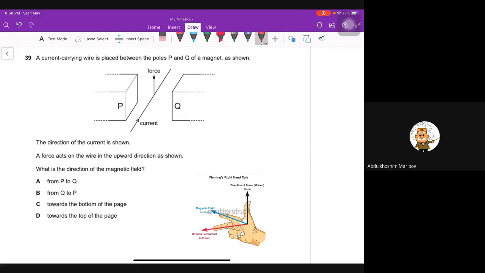If you play with this, with force your thumb looking up and your current going towards your screen, your first finger, looking from P to Q, indicates the magnetic field, right? So from P to Q, 39 is A.